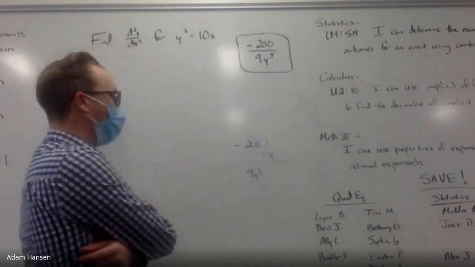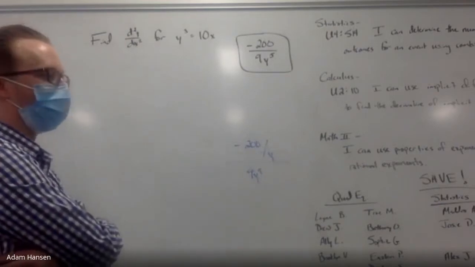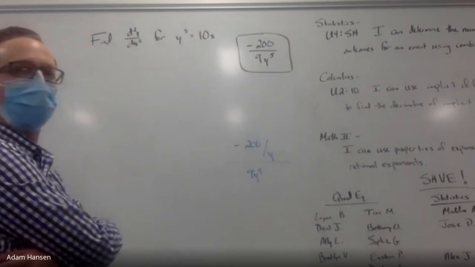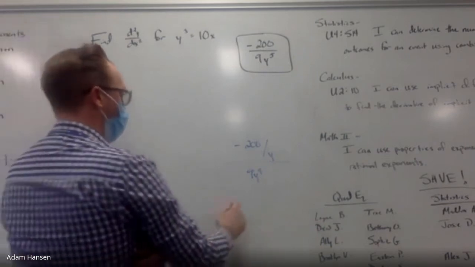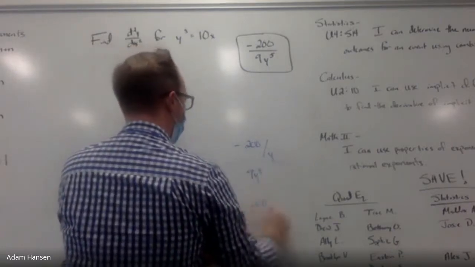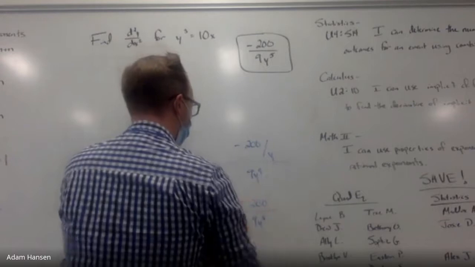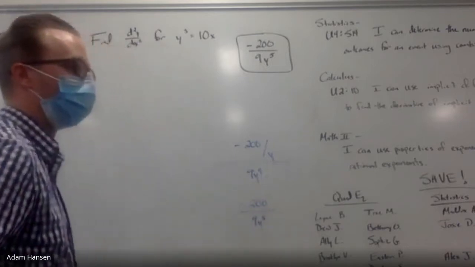So now it's negative 200 over y divided by 9y to the 4th. Then multiply by y. Yep. So that would be negative 200 over 9y. Do you see how that works?